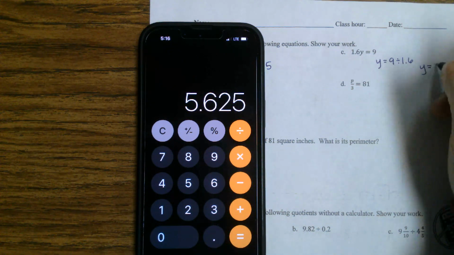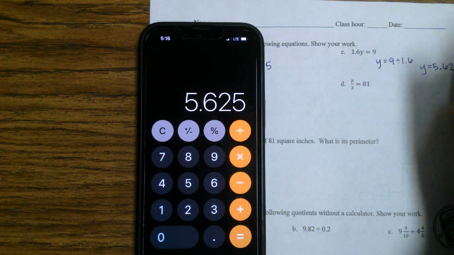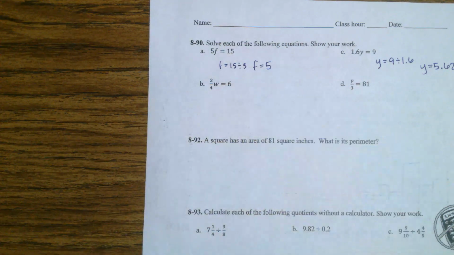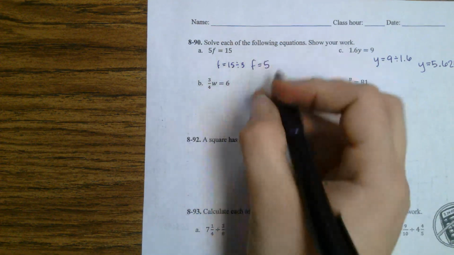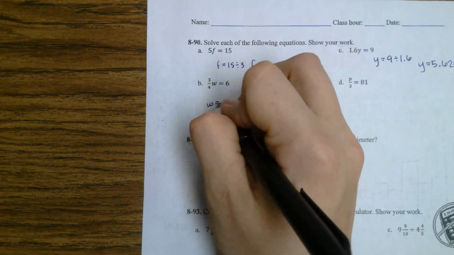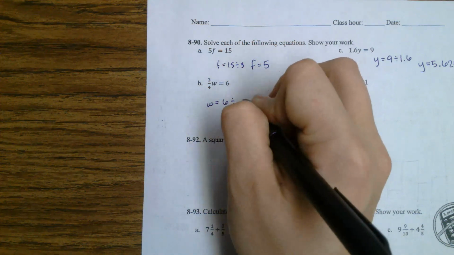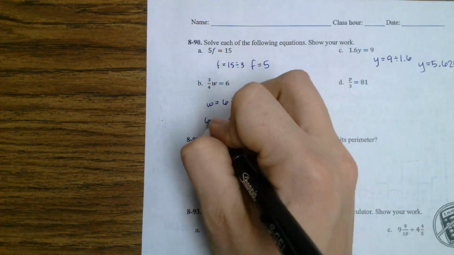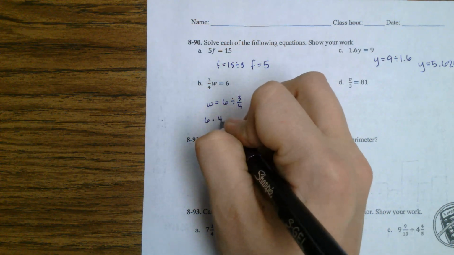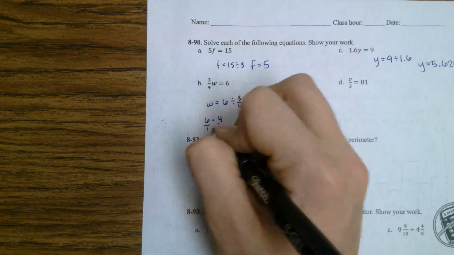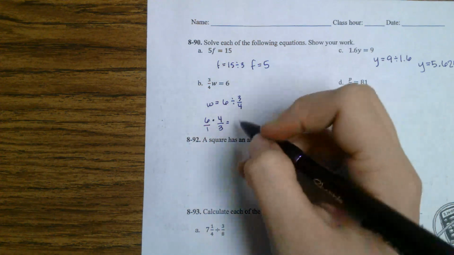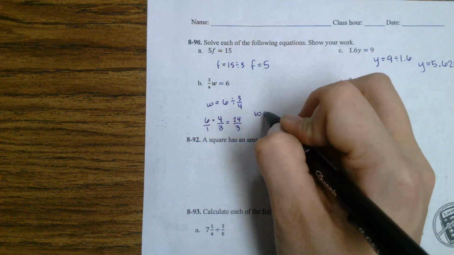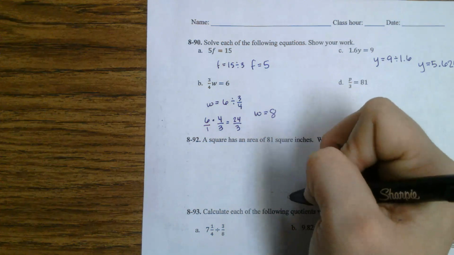So y equals 5 and 625 thousandths. 3/4 w equals 6. Well, w equals 6 divided by 3/4. 6 divided by 3/4 is the same thing as 6 times 4 over 3. 6 times 4 is 24 divided by 3. W equals 8.